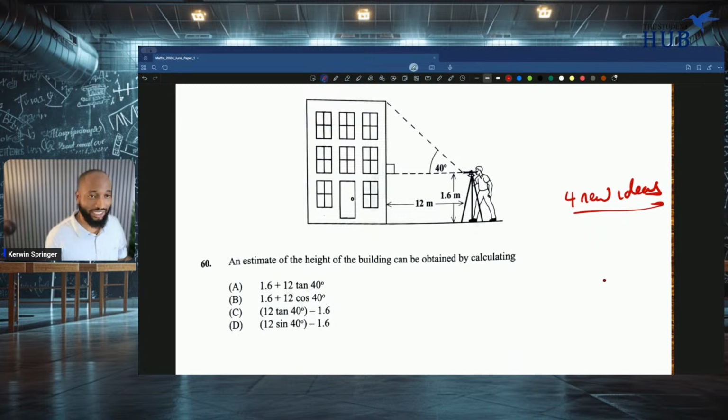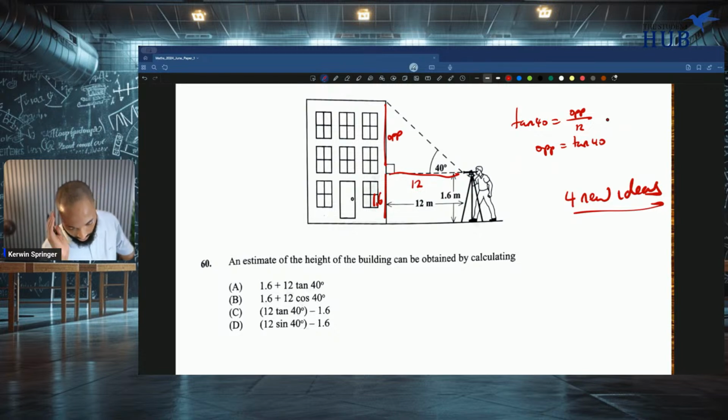Janelle said we finished too fast. Let's do 3 more. Aiming to finish in an hour, estimated height of the building, this is already 1.6. This is 12, so we need a little tan. The tan of 40 is the opposite, that's this piece that we're looking at, over the 12. So the opposite is tan 40 times 12.